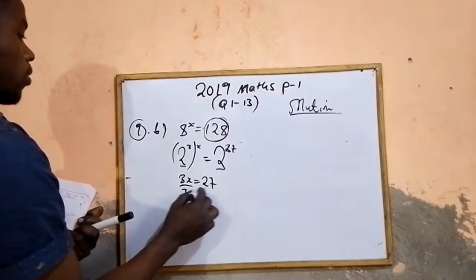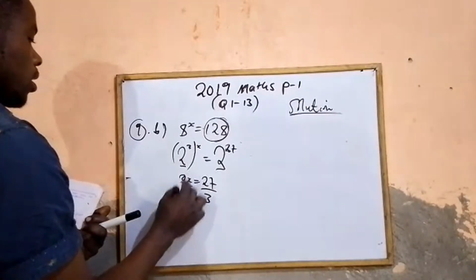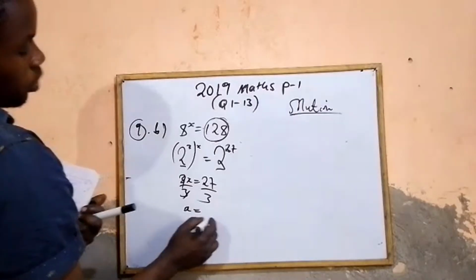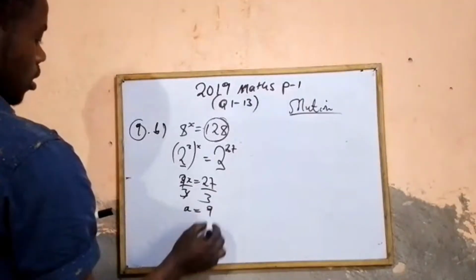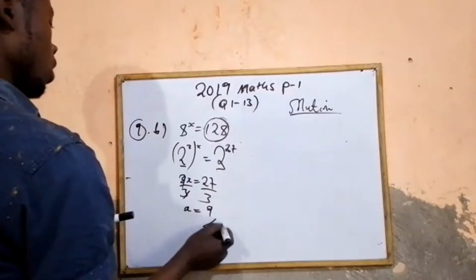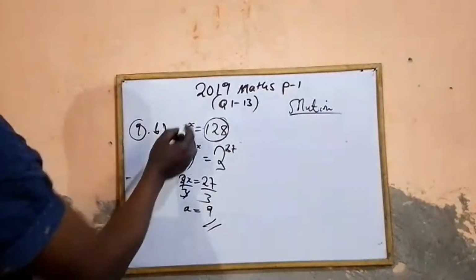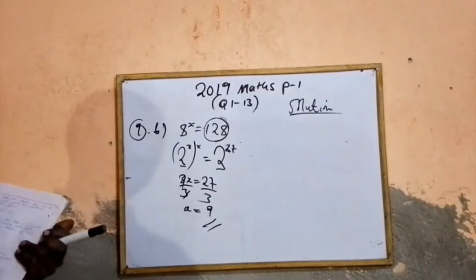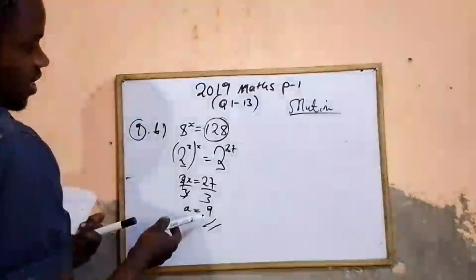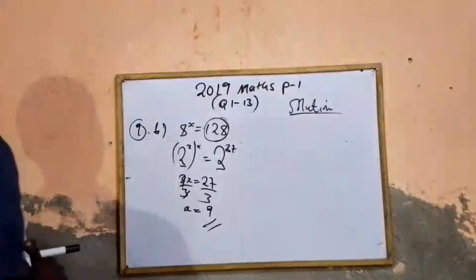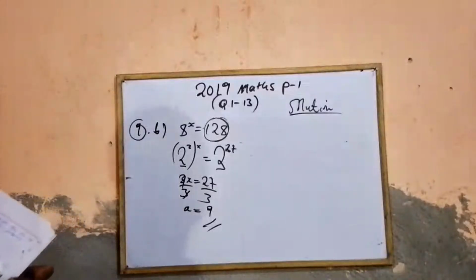Then you divide throughout by 3. So x will be equal to 7 over 3. Okay, this is the value of x which is needed here. When you do 8 to the power 7 over 3, you're going to have 128. Okay.